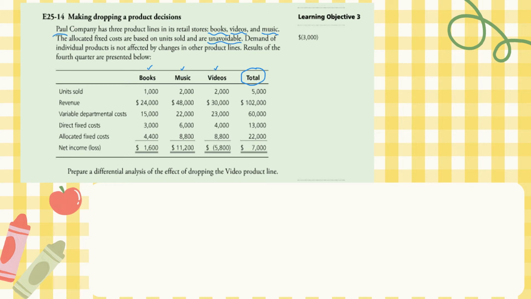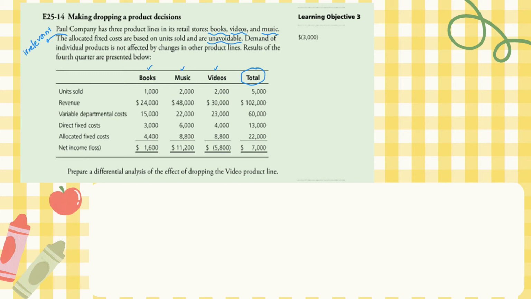So the allocated is unavoidable, means it's irrelevant to my decision. I'm gonna pay it if I keep or I drop the line. Demand of individual products is not affected by changes in other product lines.